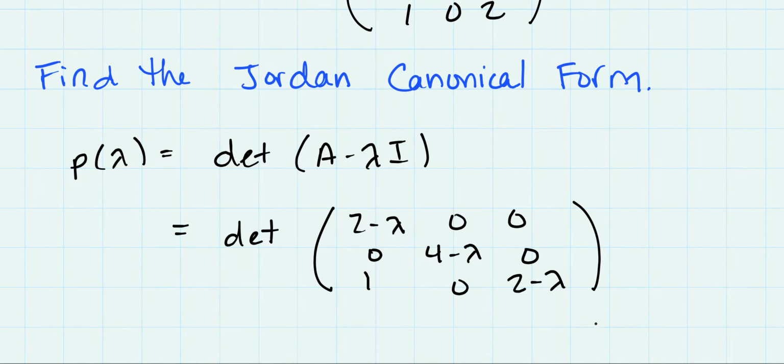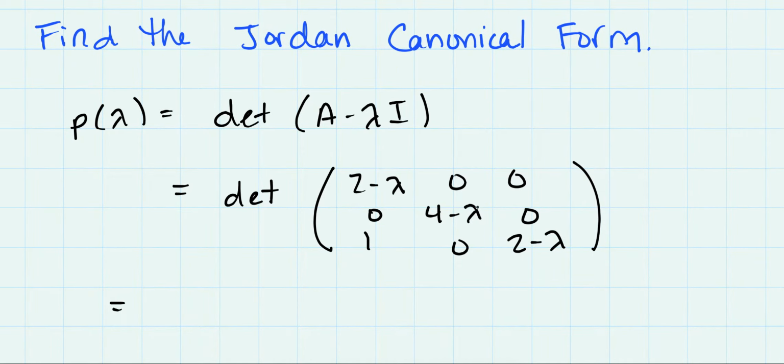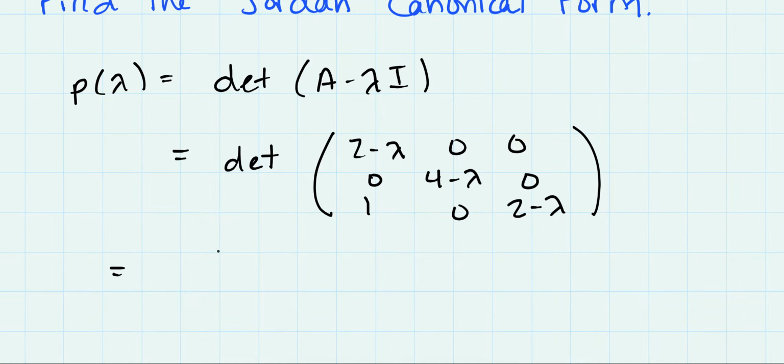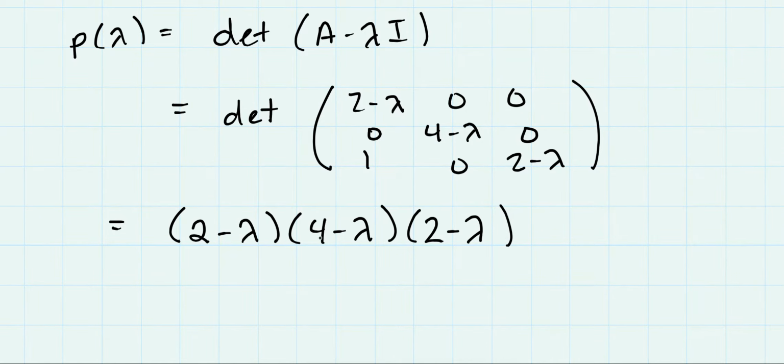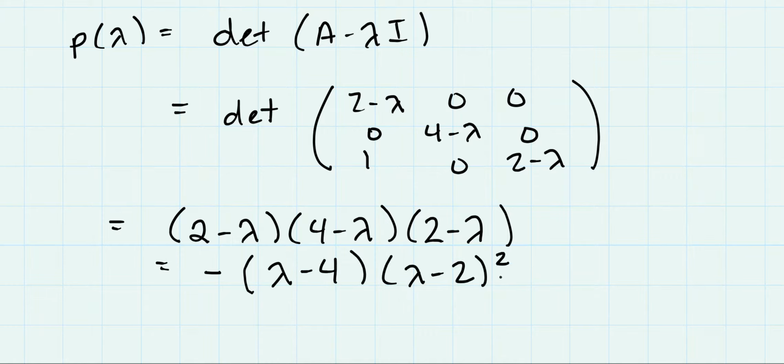Since it's lower triangular, the determinant is just the product of the diagonal entries, which is 2 minus lambda, 4 minus lambda, 2 minus lambda. I'm going to factor out a negative from each one of these and bring it out. If I do that, I'll get lambda minus 4 times lambda minus 2 squared, and then a negative because I have a negative 1, negative 1, negative 1.